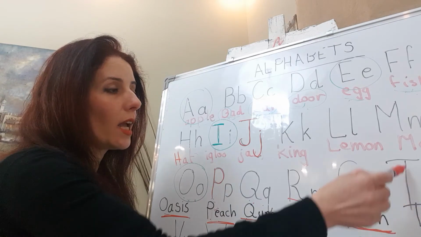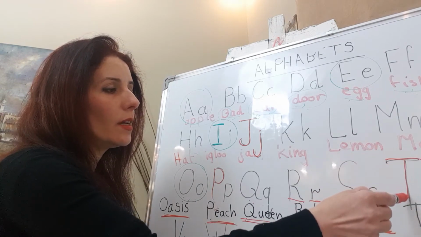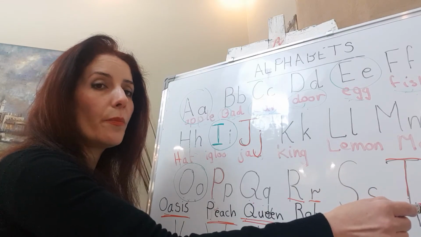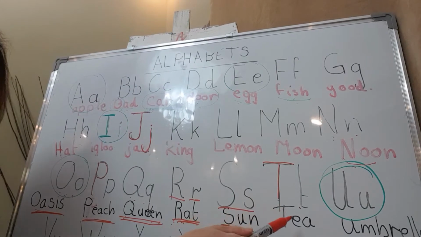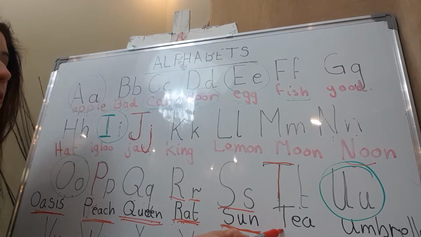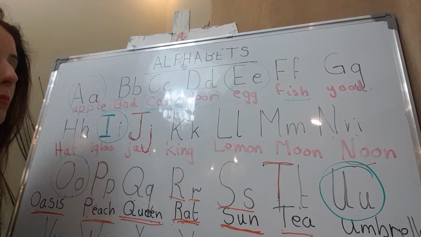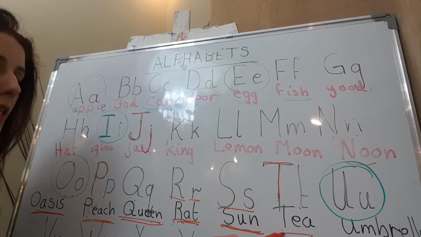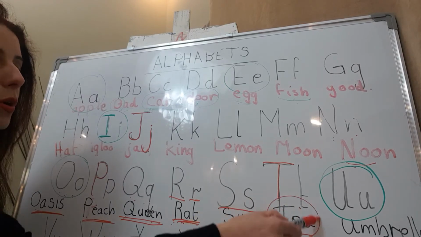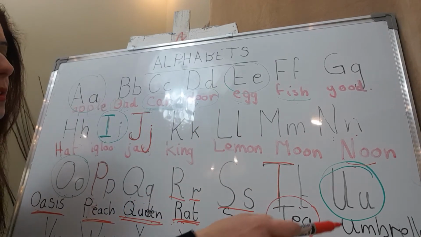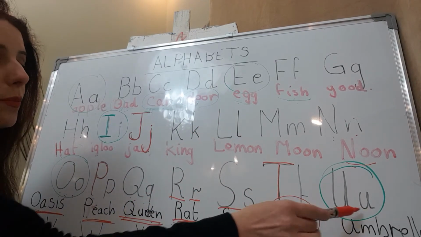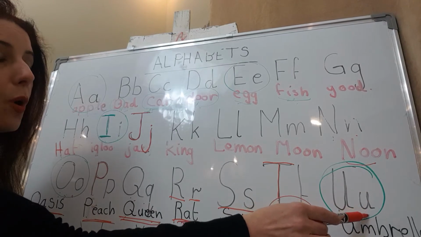And T, the capital letter here, and this is the small letter also. Okay, and we can pronounce it T, like T, maybe to, maybe T, and as I told you, according to its place in the word. And this is U. This is the capital letter and the small letter.